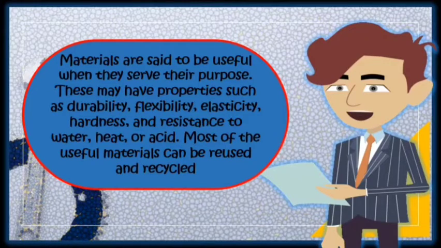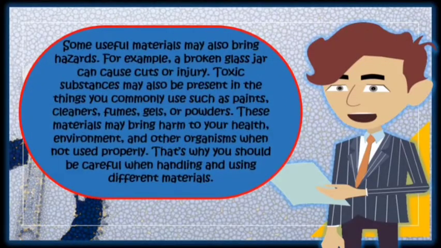These may have properties such as durability, flexibility, elasticity, hardness, and resistance to water, heat, or acid. Most useful materials can be reused and recycled. But some materials may also bring hazards. For example, a broken glass jar can cause cuts or injury.